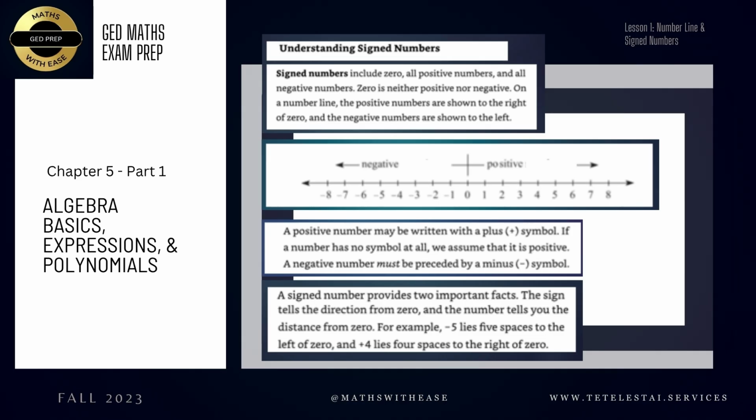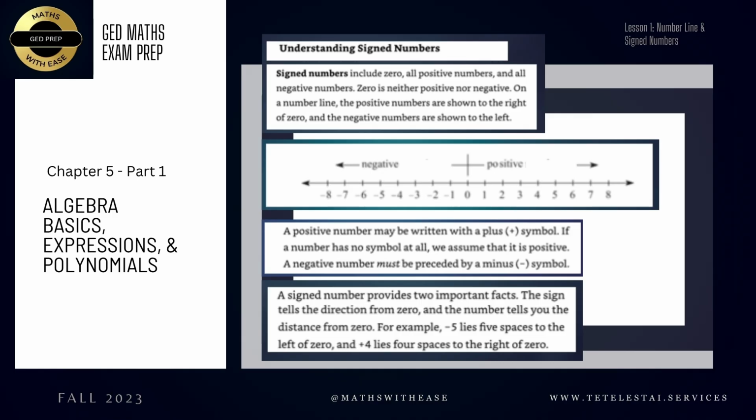A signed number provides two important facts. The sign tells you the direction from 0, and the number tells you the distance from 0. So for example, -5 lies exactly 5 spaces to the left of 0, and +4, or just simply 4, lies exactly 4 spaces to the right of 0.